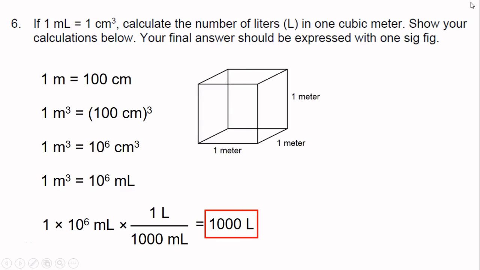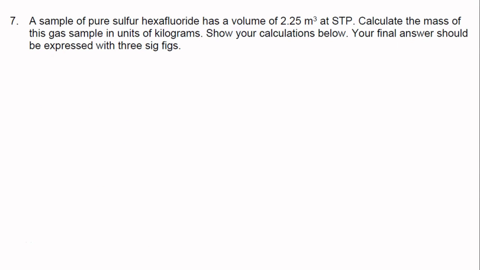All right, moving on to number 7. A sample of pure sulfur hexafluoride has a volume of 2.25 cubic meters at STP. We're going to calculate the mass of this gas sample in units of kilograms. We have several steps to do. Let's take it one step at a time and focus on the units. Starting with 2.25 cubic meters, we just learned in the last problem that there are 1,000 liters in every 1 cubic meter.